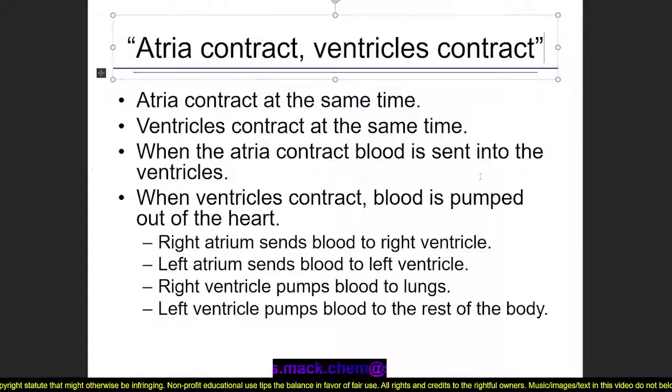In the next video, we will look at this information and we will be more specific in terms of identifying the blood vessels attached to the heart, and I'll be using the names of these blood vessels to talk about how the heart works.